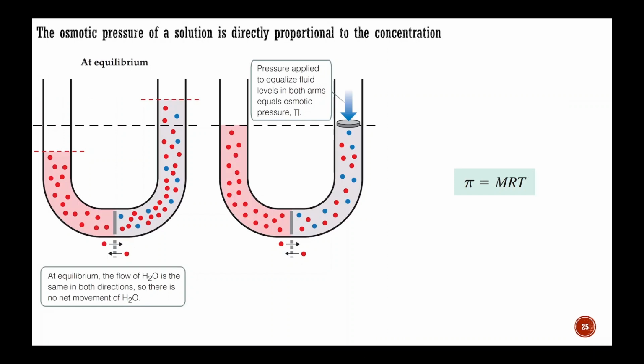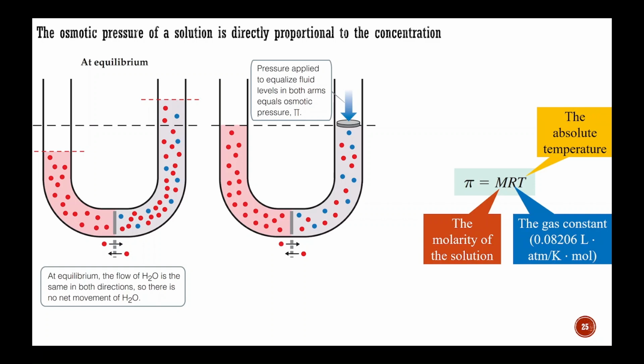The osmotic pressure of a solution is directly proportional to the concentration of the solute in the solution, expressed in molarity. It can be calculated using the equation presented on the right, where m is the molarity of the solution, R is the gas constant, and T is the absolute temperature. So, just like boiling point elevation and freezing point depression, osmotic pressure is directly proportional to the concentration of the solution.